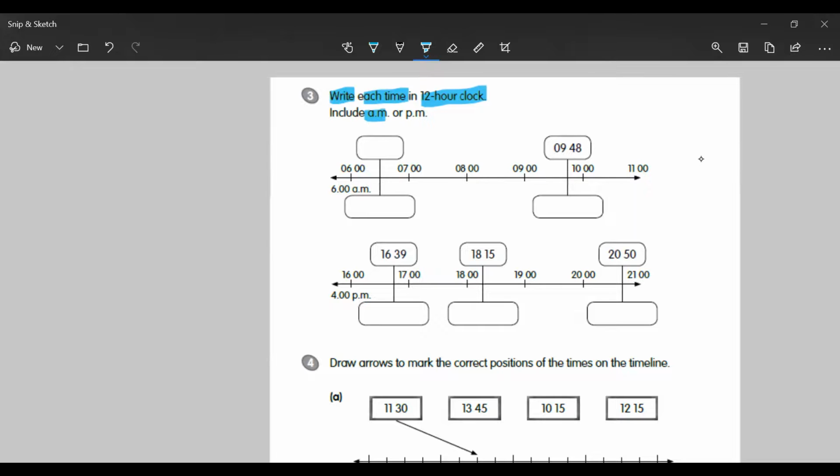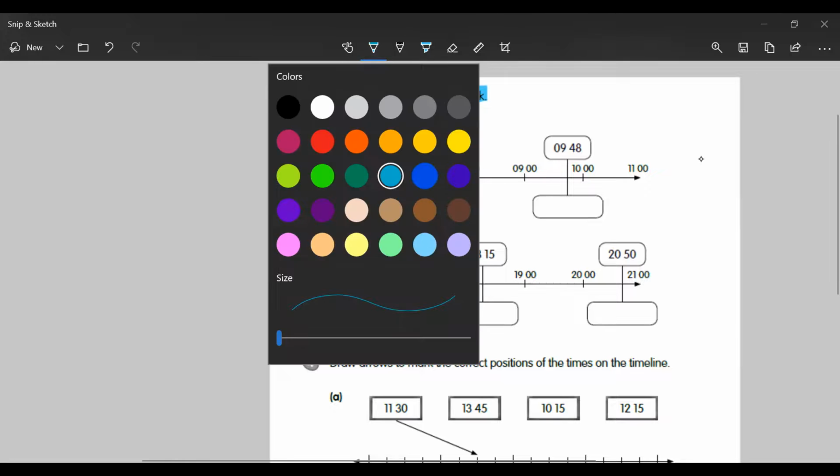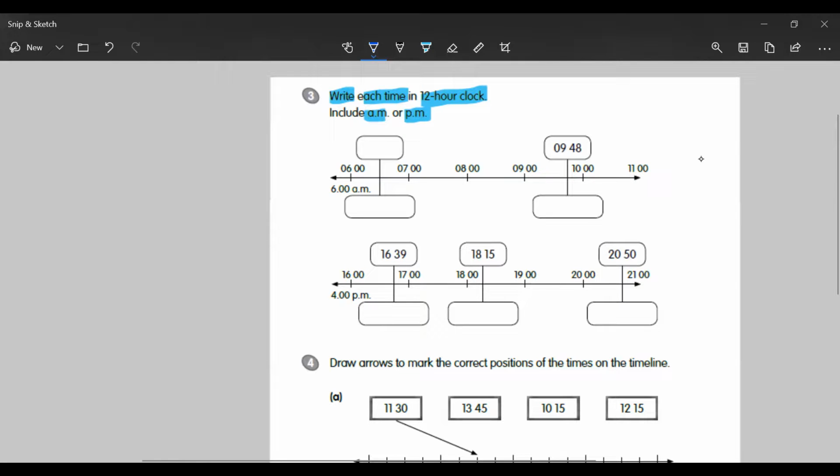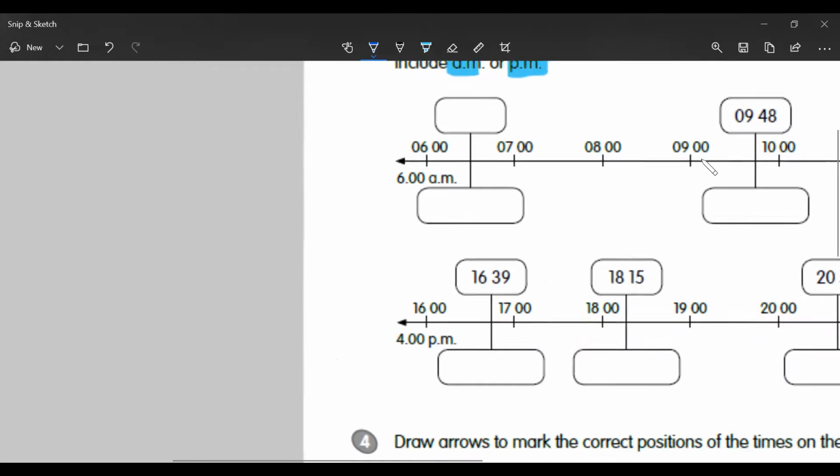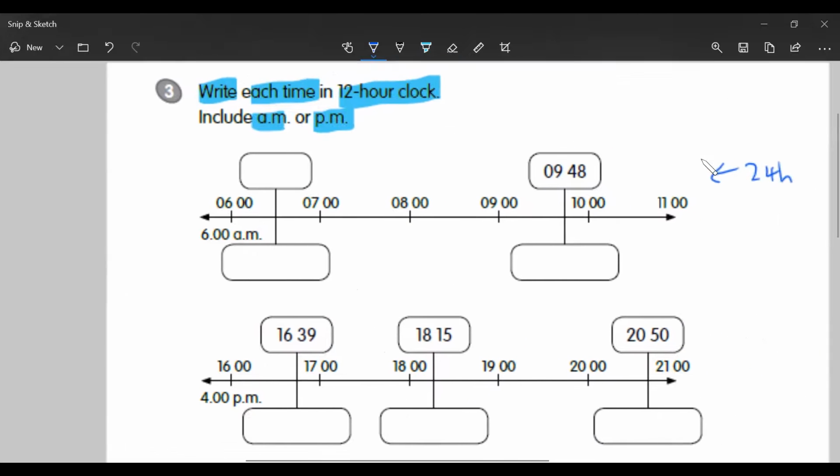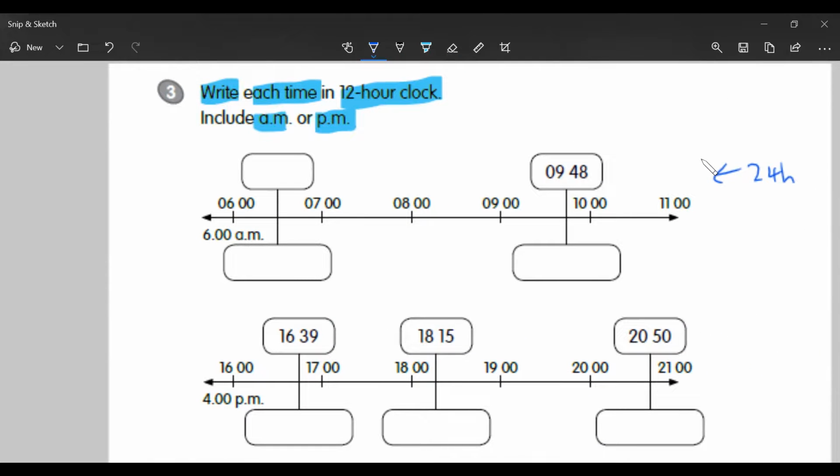It should include AM or PM. Then over here, I just mentioned that above the number line, that's 24-hour clock. You can see by how it's presented, there's spacing between the two numbers. So over here, this is in between, so it should be 06 30 hours. And the bottom row, you're supposed to write in 12-hour clock.